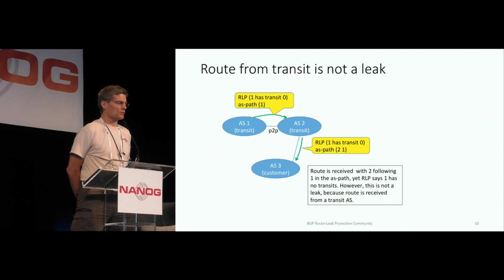The customer sees an AS path where it appears that AS2 is transiting for AS1. So that could be a leak. However, the route was received from a transit itself, therefore it's not a leak. So that's part of the rule. If you receive it from a transit, these RLPs don't matter.